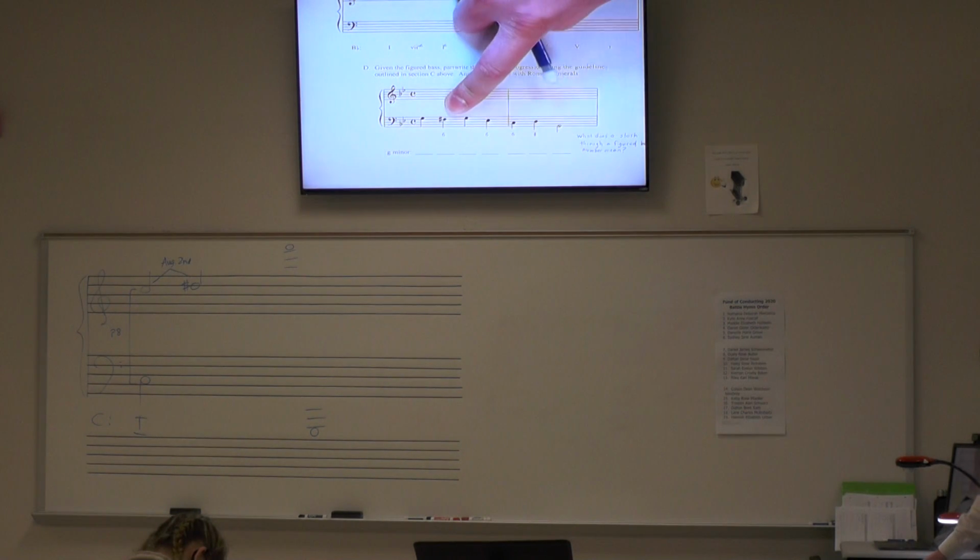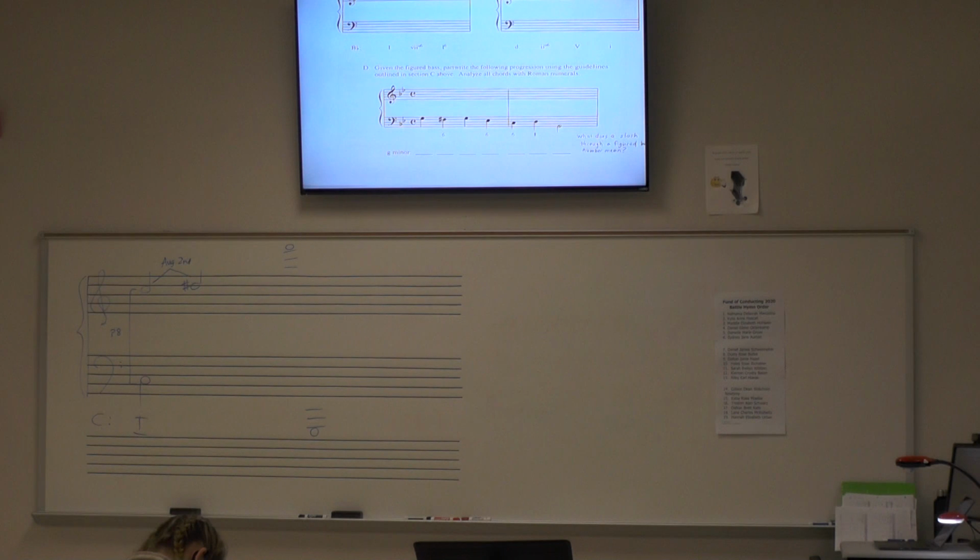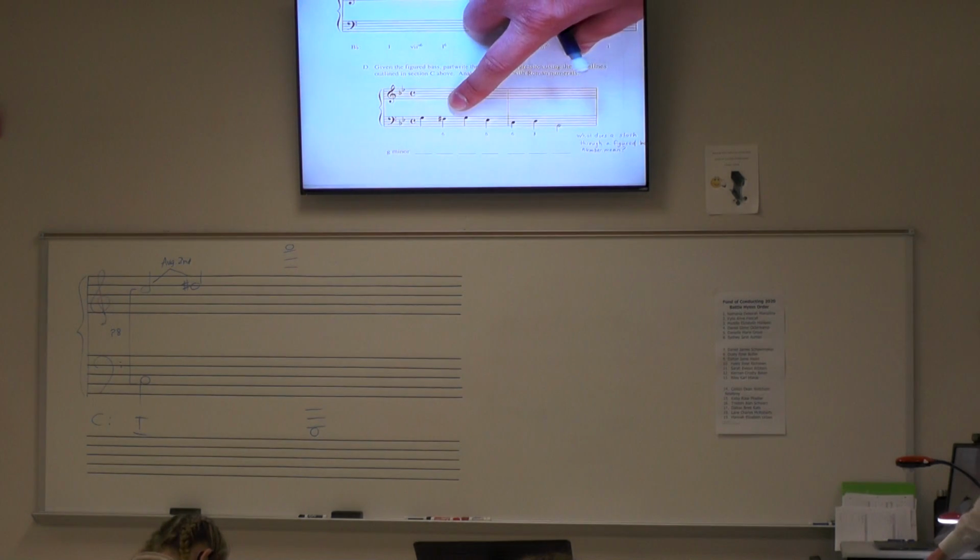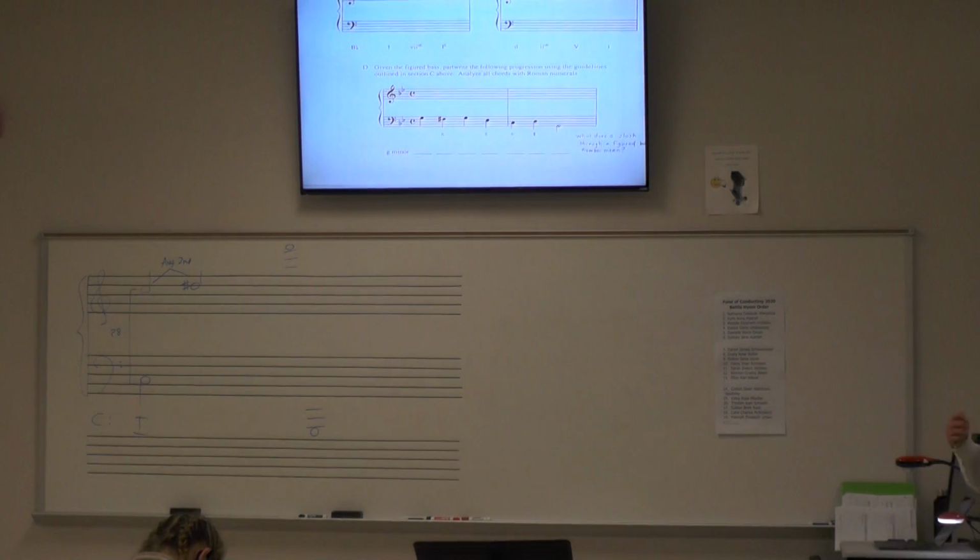And the next one is going to be, well, what is 6? What's the full symbol for 6? 6, 3, right? So a 6th above the F sharp is a D, and a 3rd above the F sharp is an A. So it's going to be a D, F sharp, A chord.